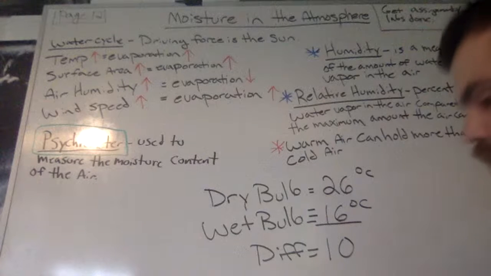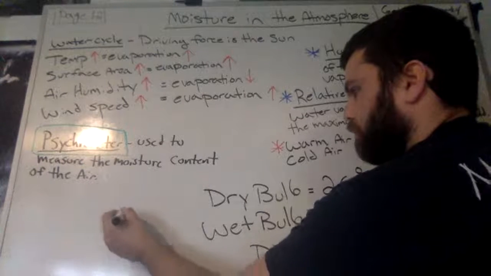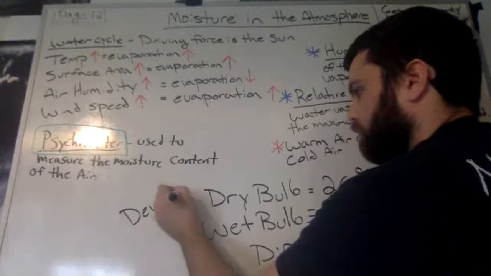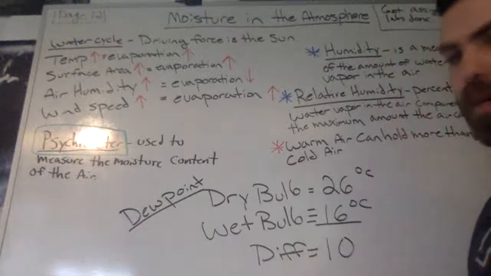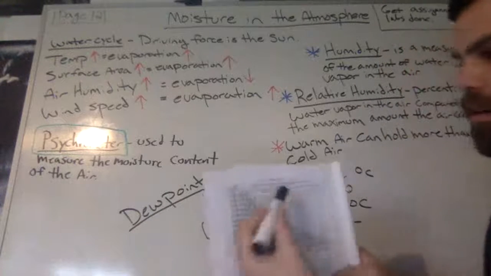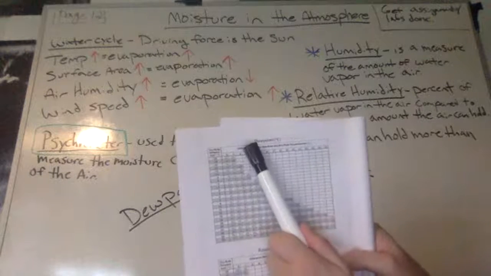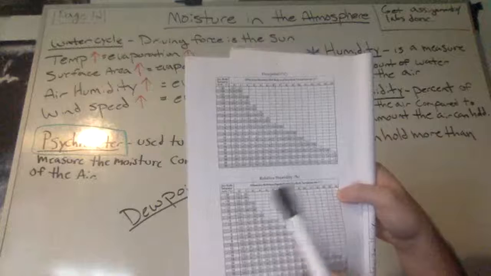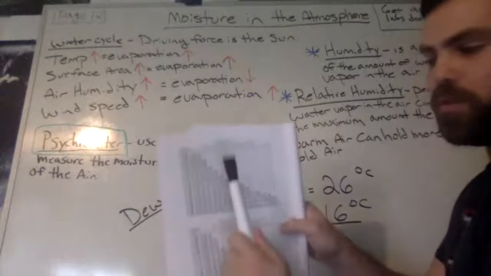So now what you have to do is, since I'm asking for the dew point, you're going to go in, and you have to be careful because they're both different graphs. So you have the dew point at the top, and then you have relative humidity. Since I'm asking for the dew point, we're going to be using the top one.